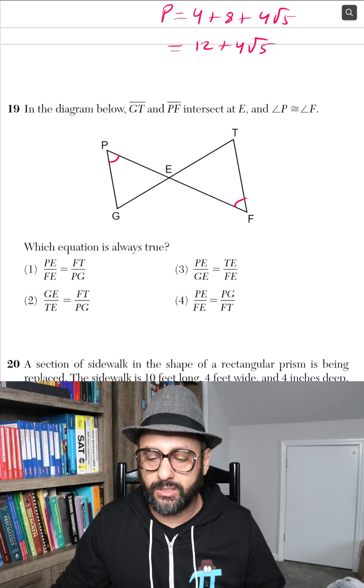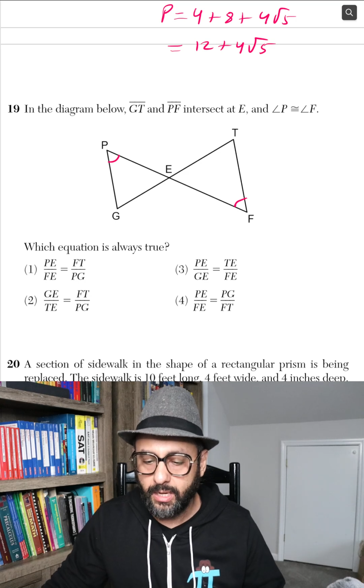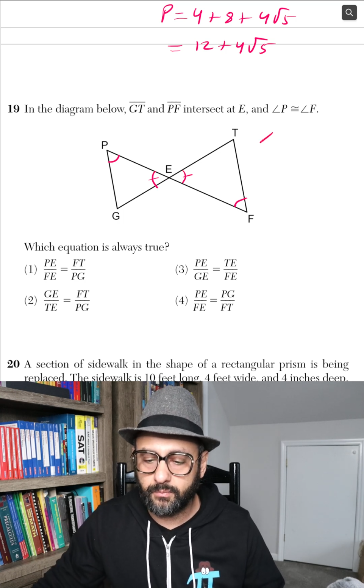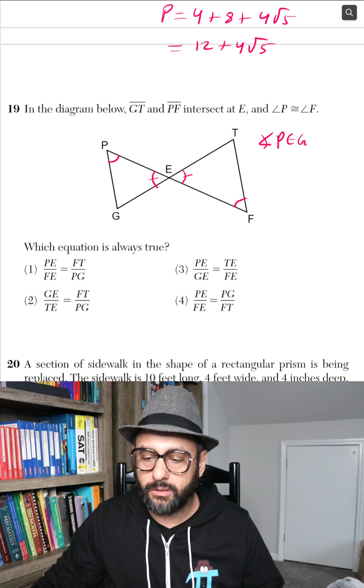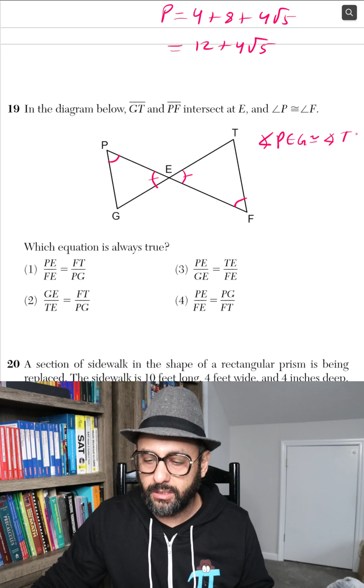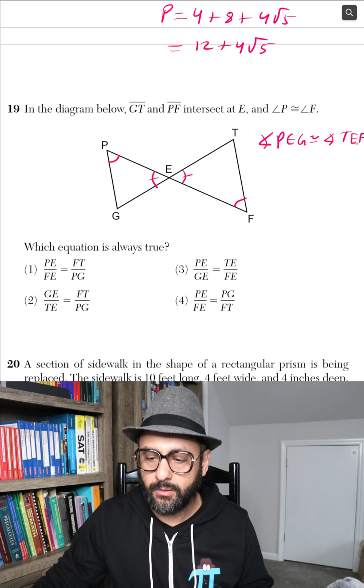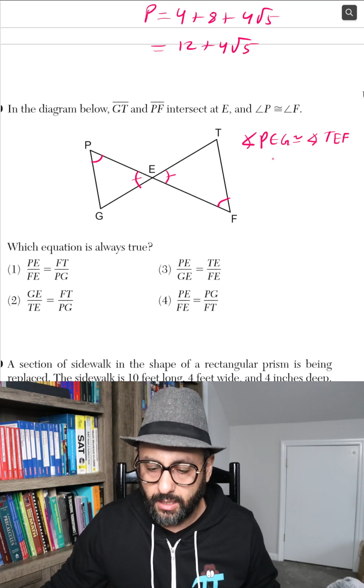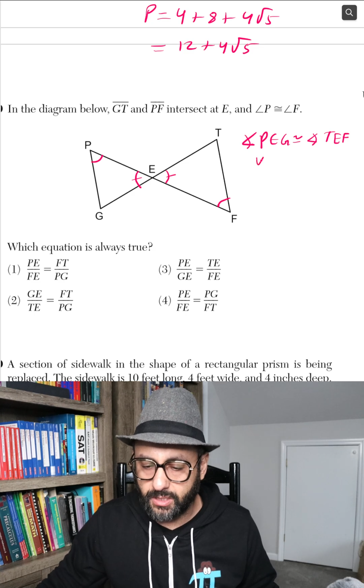And in fact, these two triangles have one pair of angles that are congruent, and this pair of angles, angle PEG, is congruent to angle TEF, because vertical angles are congruent.